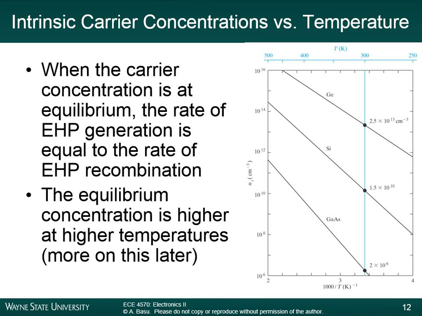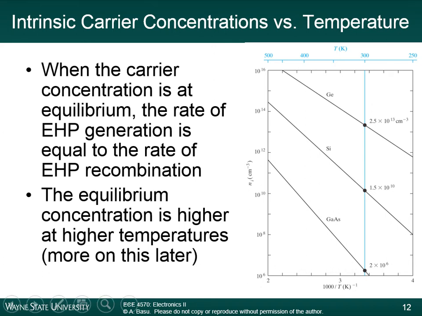By looking at this graph, can you guess which material has the larger band gap? Of these 3 materials, which one has the largest band gap and why? I'm sorry? So let's remind ourselves what this graph is showing first of all.